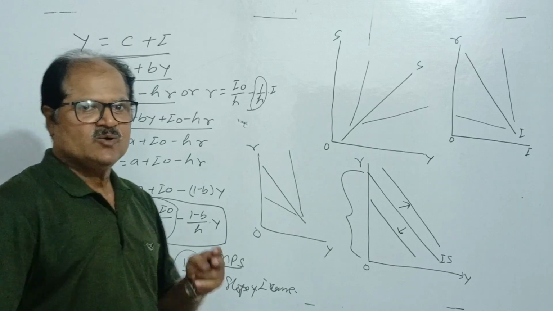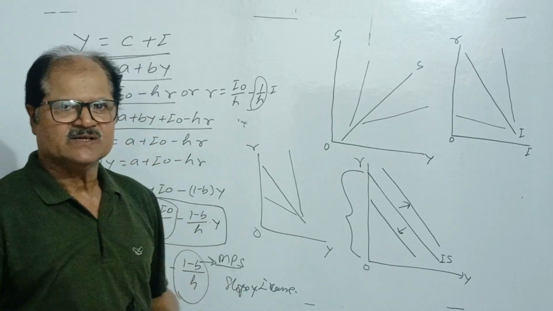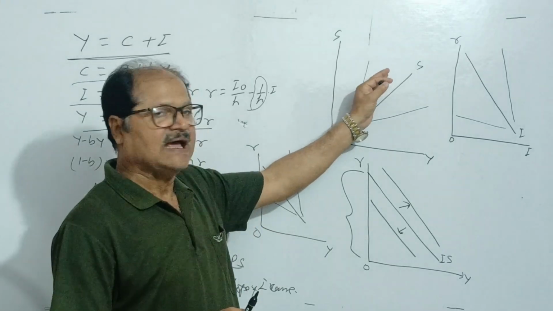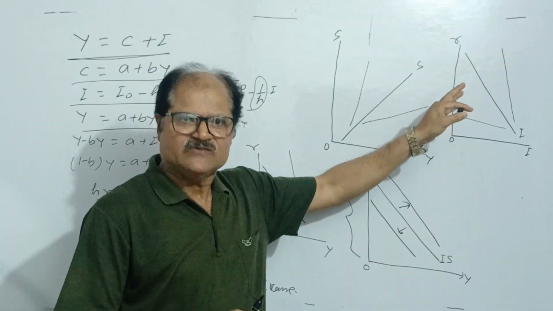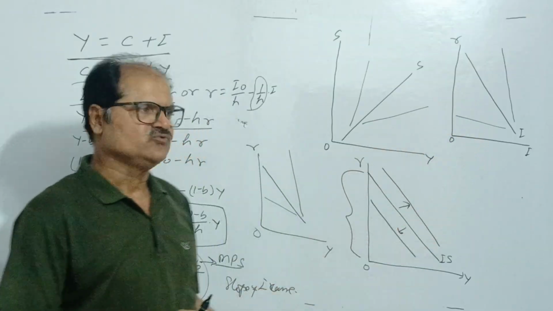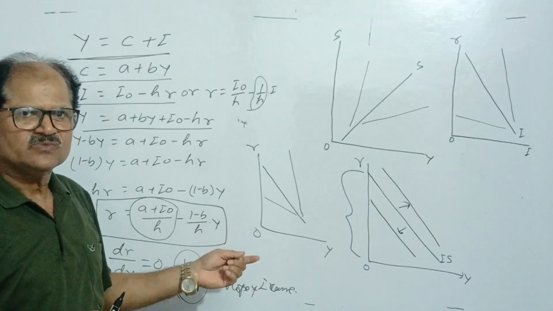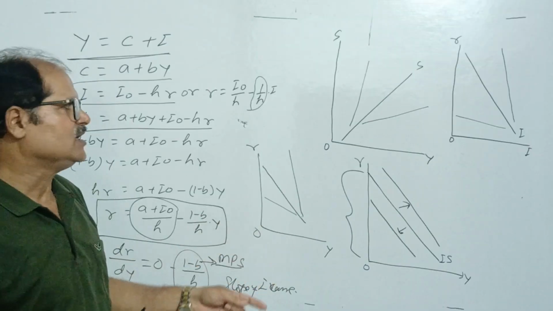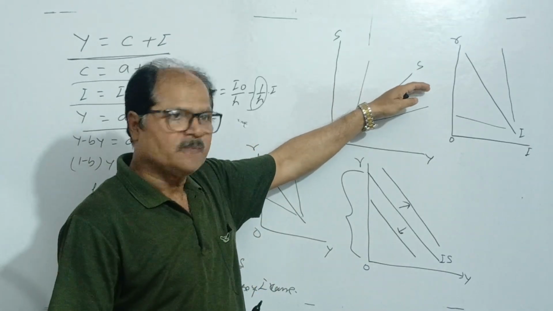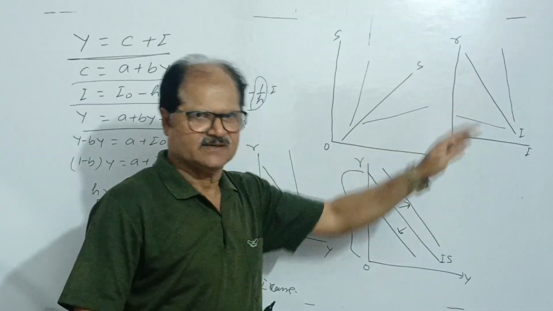So there is a positive relationship: the IS curve slope directly depends upon the slope of the saving curve and the slope of the investment curve.